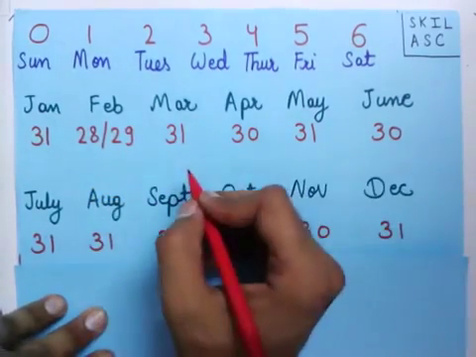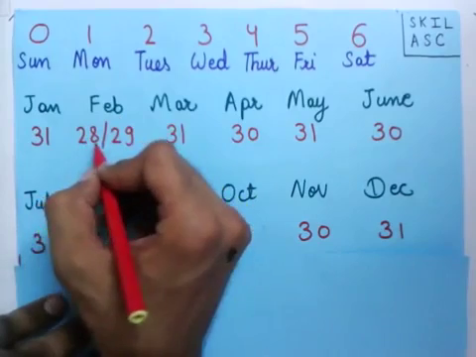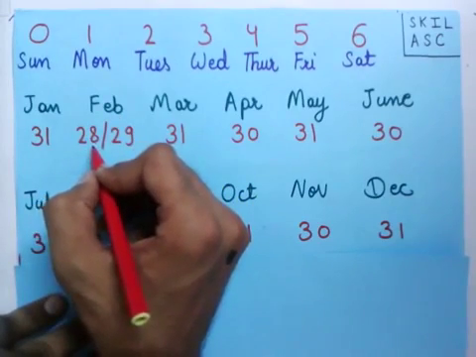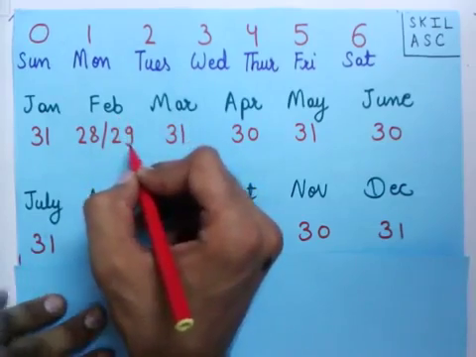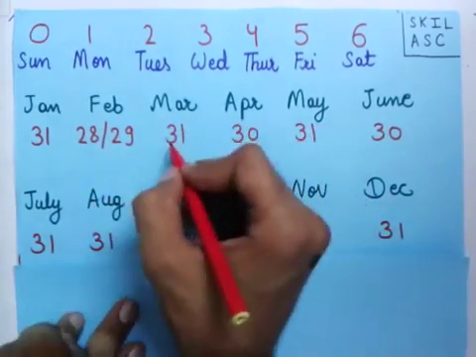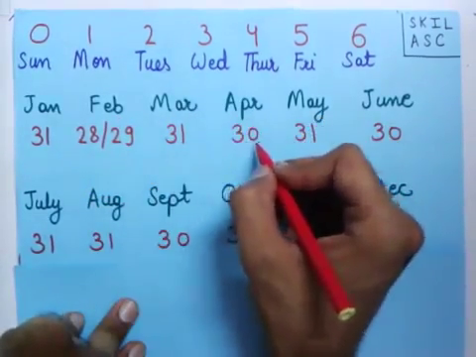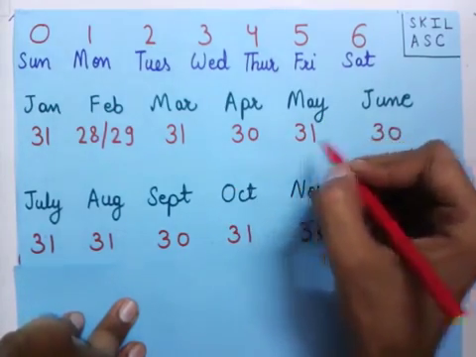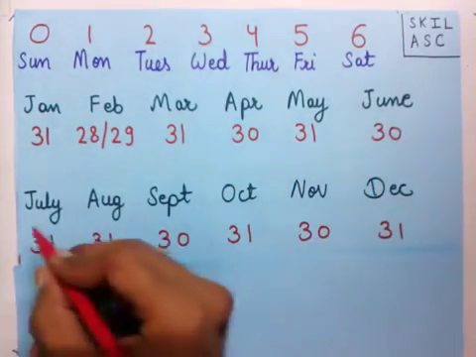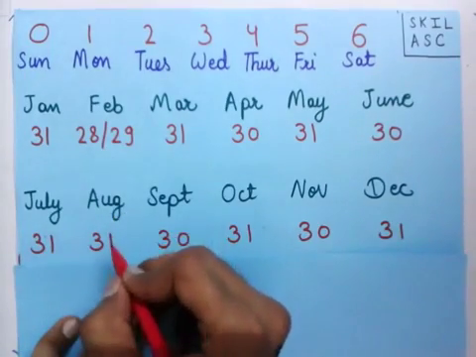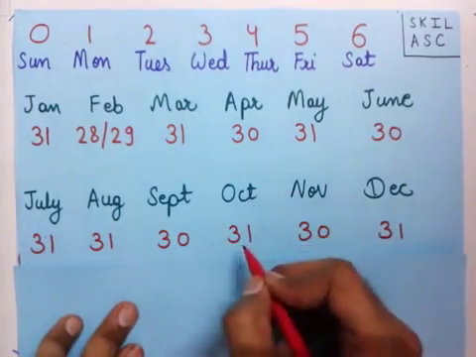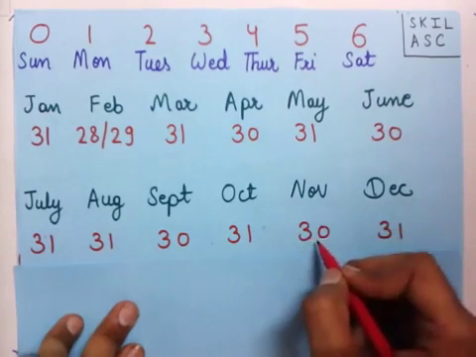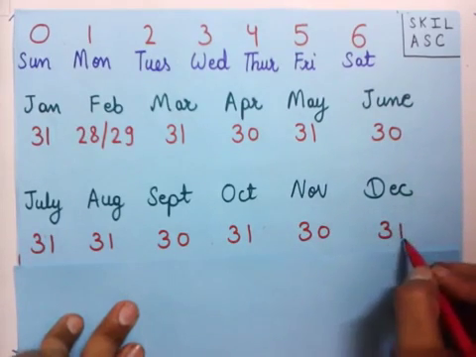Then March has 31 days, April 30, May 31, June 30, July 31, August 31, September 30, October 31, November 30, and December 31.